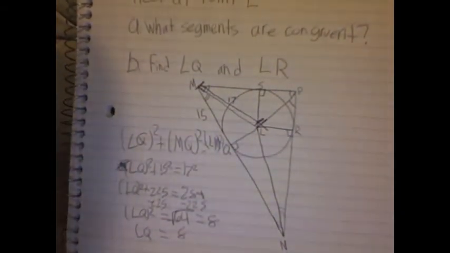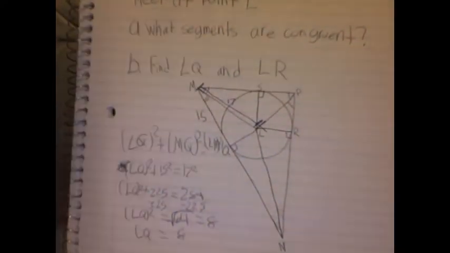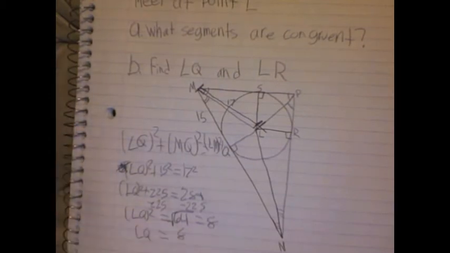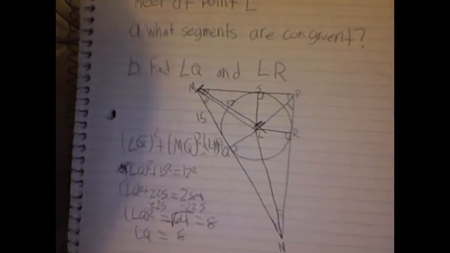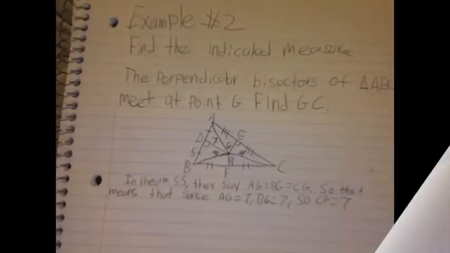Then next you find the positive square root of 64, which is 8. So that means LQ equals 8 units. LR is also 8 units because it's congruent to LQ.